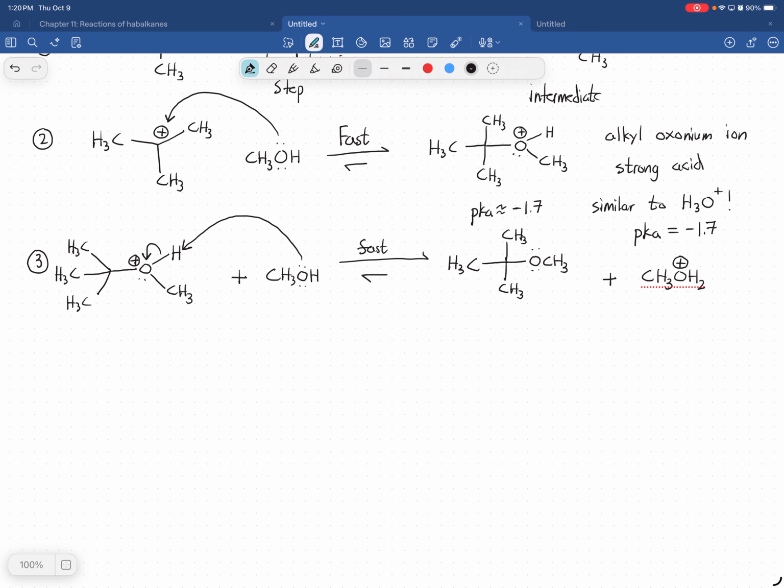Okay. So what determines the stability of the carbocation? So how do you know the relative rate here? Well, if we think about the rate determining step, the rate determining step is the formation of the carbocation.